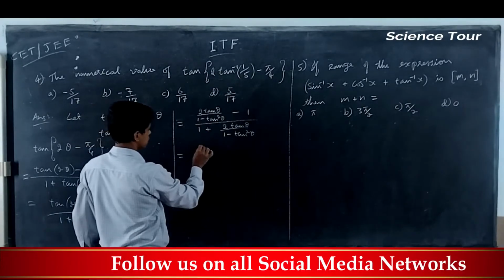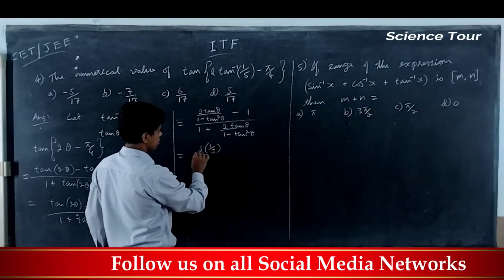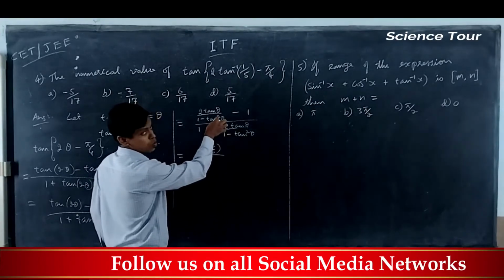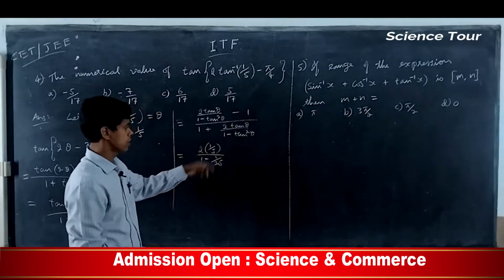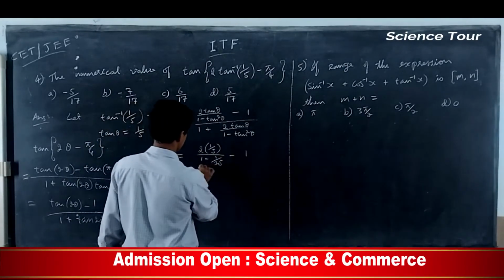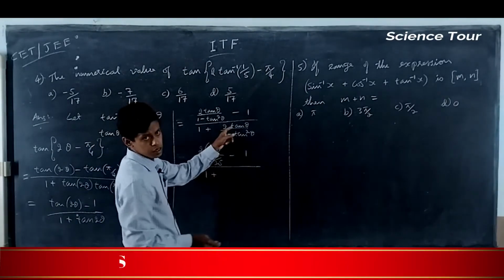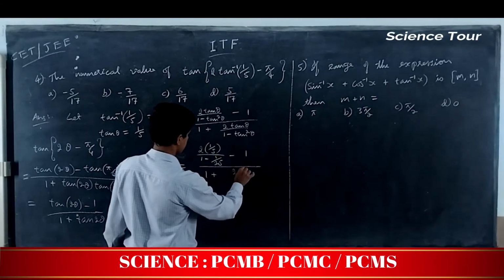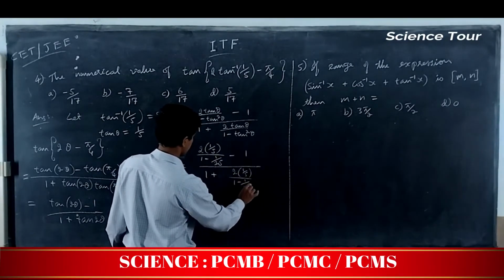So this is 2 into 1 by 5 divided by 1 minus 1 by 5 square, that means 1 by 25, minus 1, divided by 1 plus 2 into 1 by 5 divided by 1 minus 1 by 25.